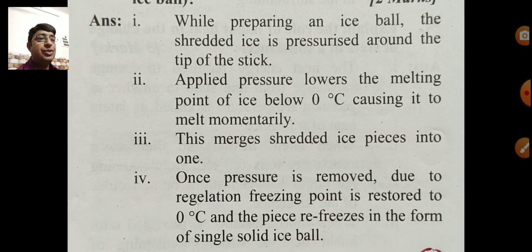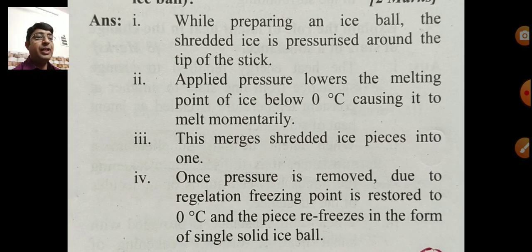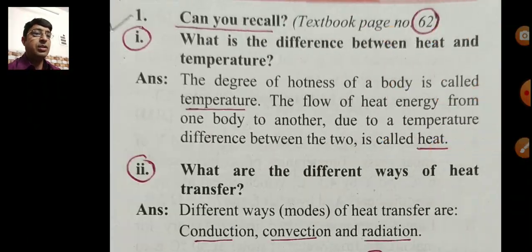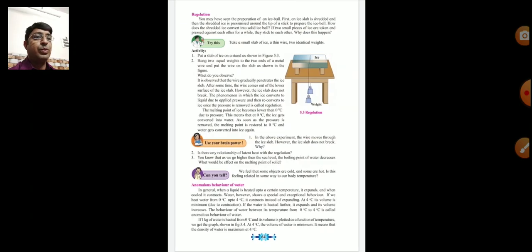This merges shredded ice pieces into one. And the fourth point: once pressure is removed, due to regelation, the freezing point is restored to 0 degrees Celsius and the piece refreezes in the form of a single solid ice ball. So here one process occurs, that is the regelation process. So we learn about that regelation process here.